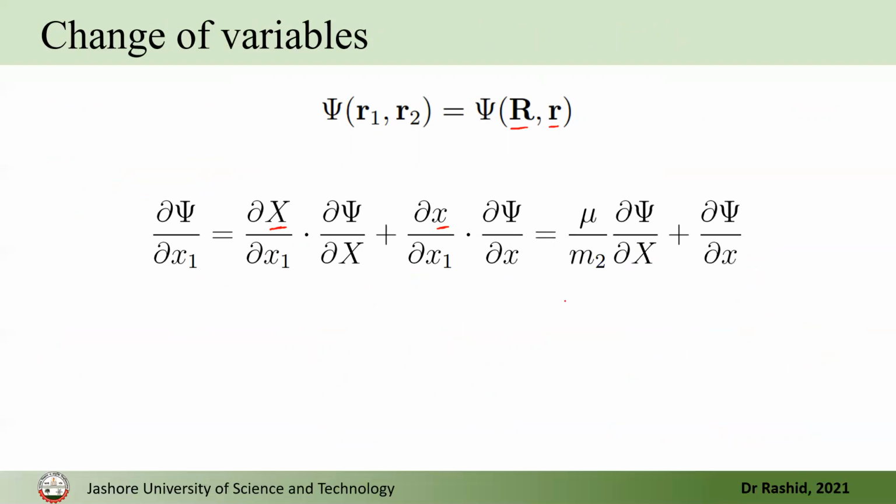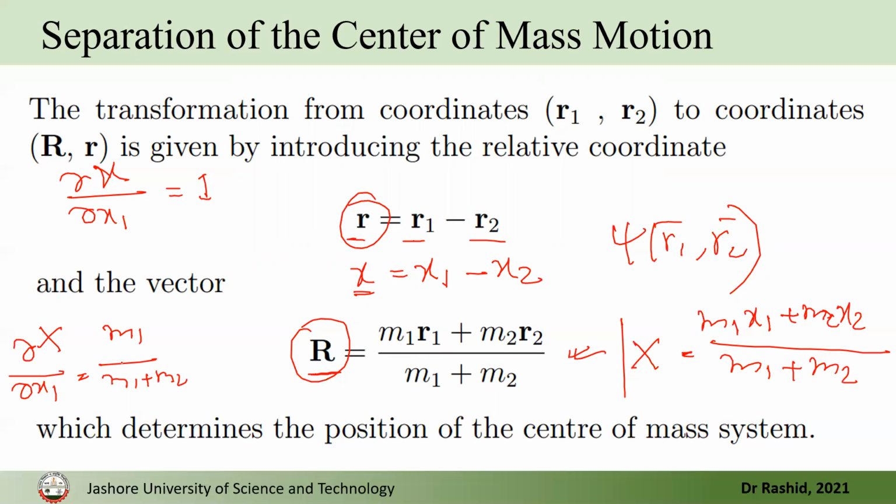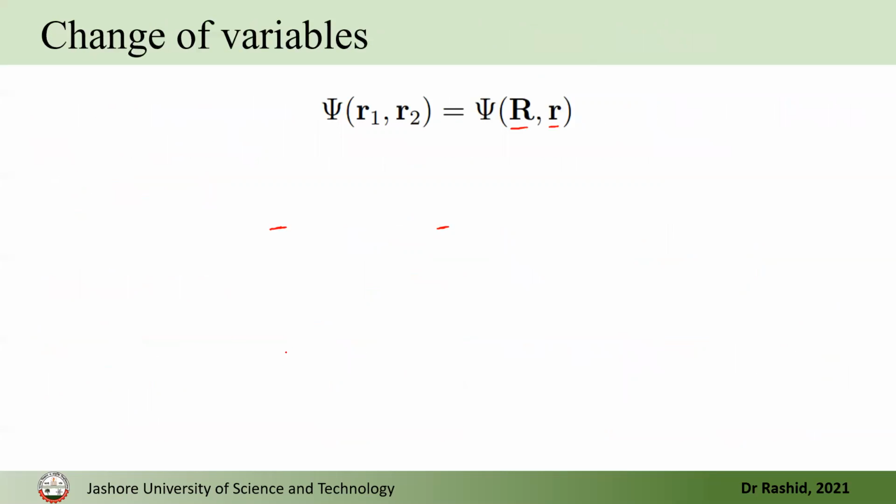So with these values, we have mu by m2. This is another change of variable, because we had here m1 divided by m1 plus m2. So let's write it like 1 by m2 times m1 m2 divided by m1 plus m2. Let me check. Yes, it's fine.